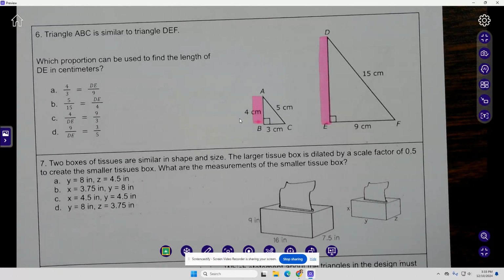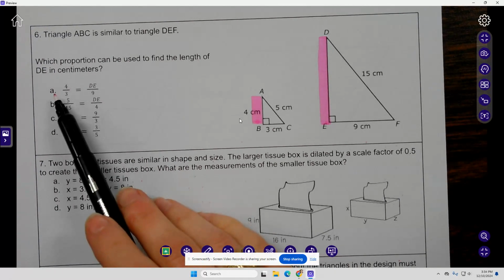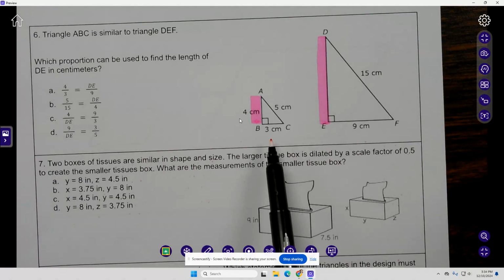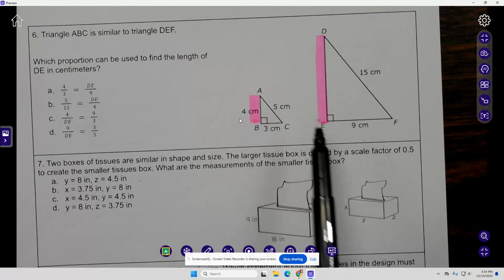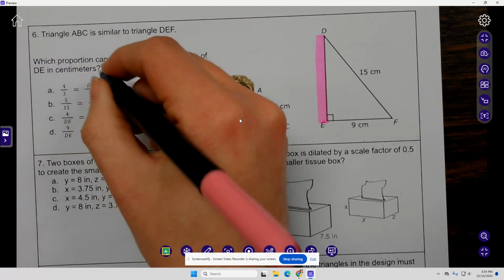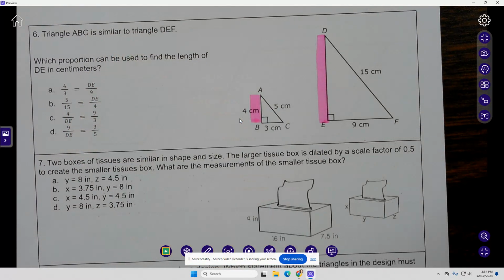So we just have to make sure that we use those two numbers at least. So let's look at A. So A is they have 4 over 3 equals DE over 9. Okay, that is a maybe because that is the correct way to use the proportion.